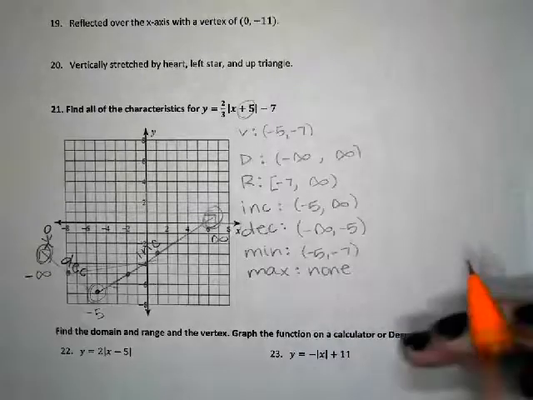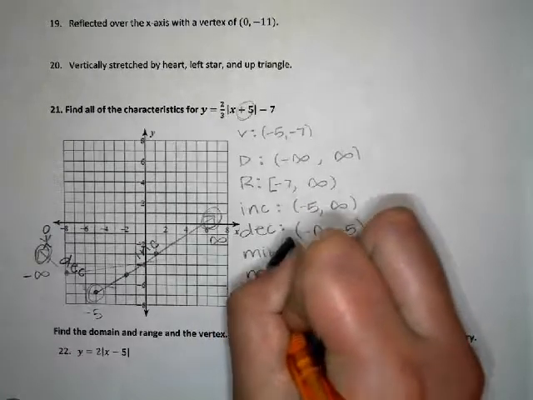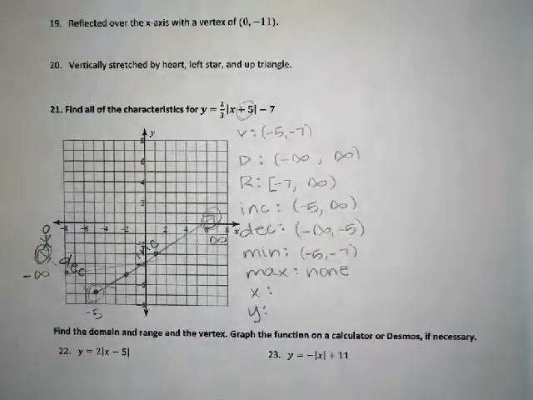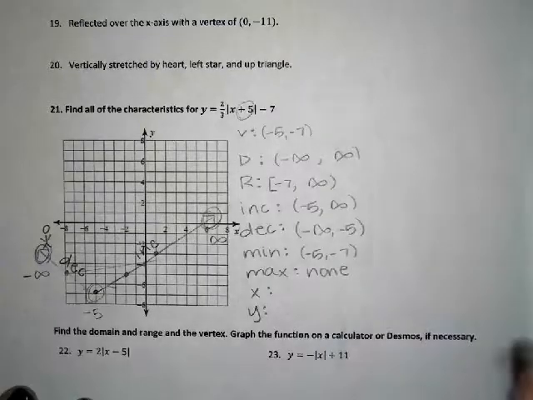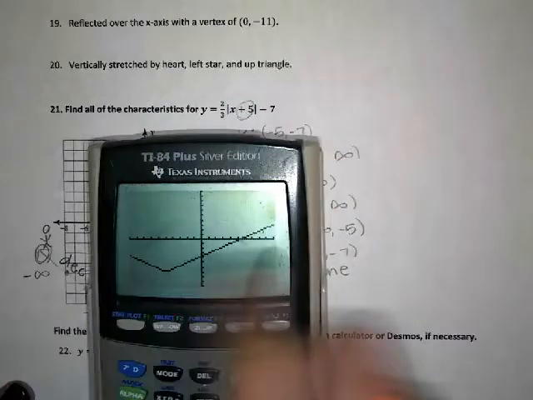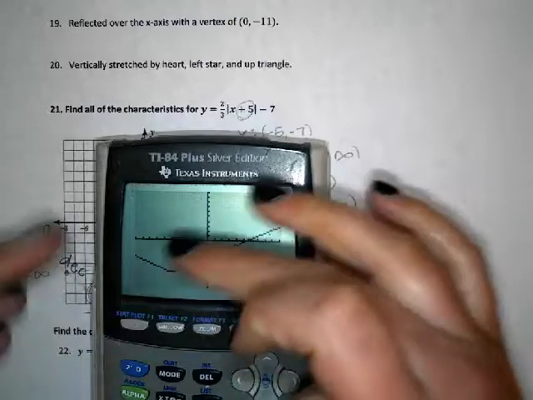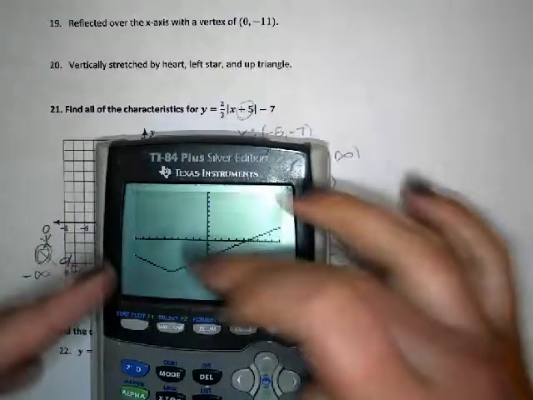Okay, next we have to find the intercepts, x-intercept and y-intercept. I probably put the 2/3 there so that the intercepts would not be obvious from the drawing. So we're going to go back to our graph and make this graph wider. If you remember from the notes, if it's not on your screen, you're not going to be able to get it.